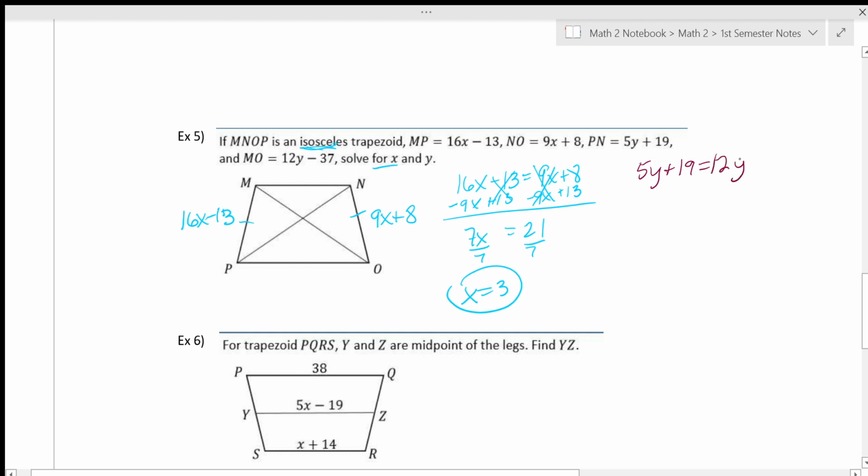So we can set our y expressions equal, and then solve for y. I'm going to subtract 5y and add 37 to get my y's on the same side and my numbers on the other side. 19 plus 37 is 56. 12y minus 5y is 7y. Divide by 7, and I get 8 equals y.